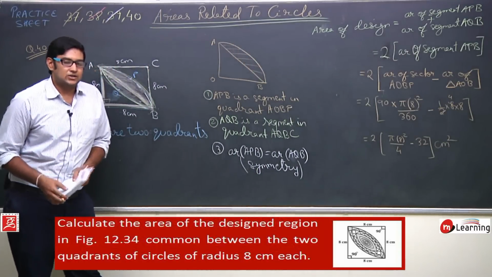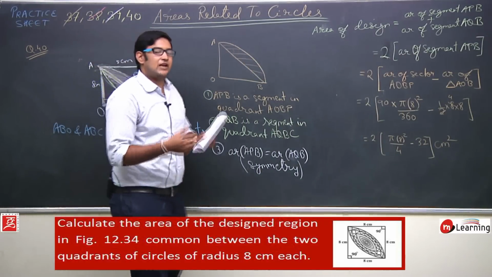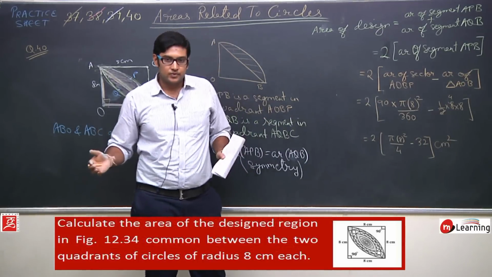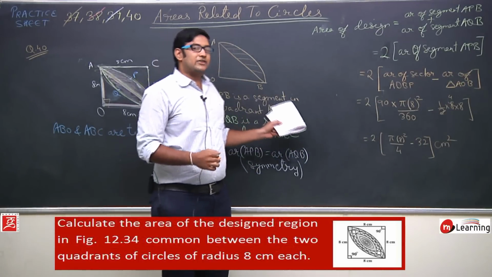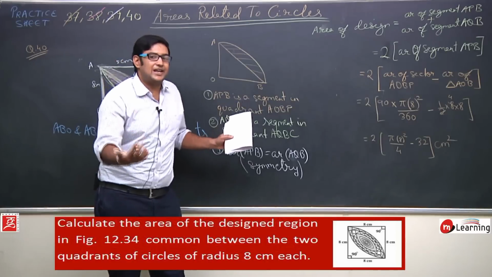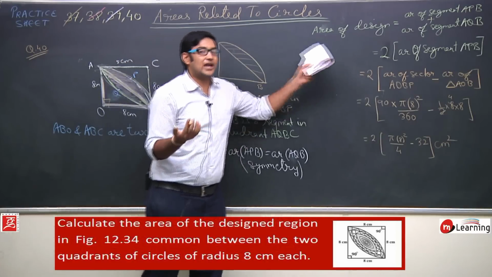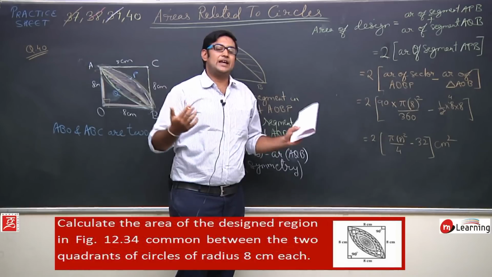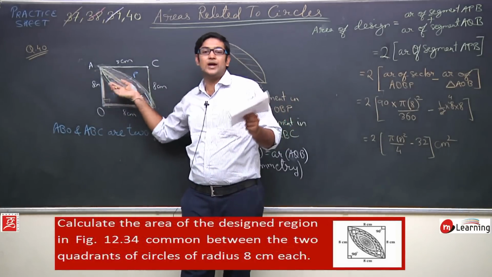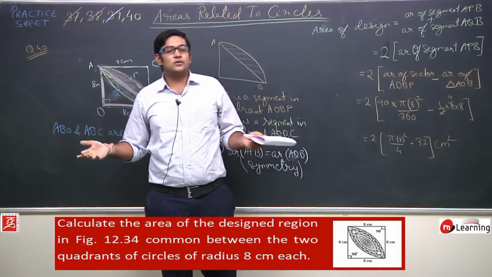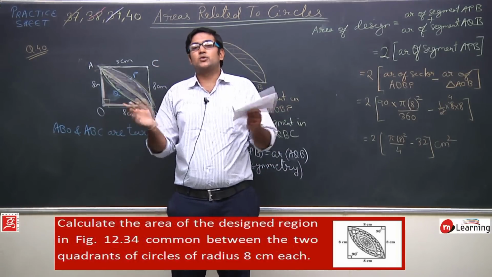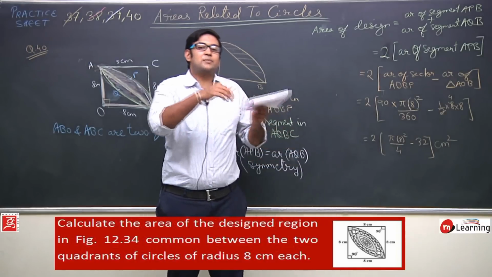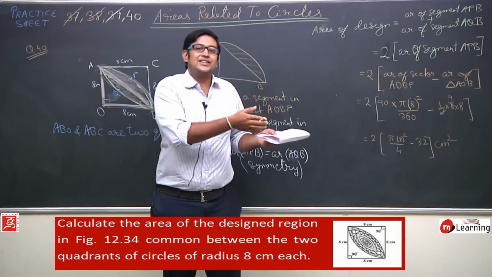So try to understand the concept. In question number 29, we have used a very lengthy approach. That approach is very long. So what I have done is, I have increased the thinking level, but I have reduced the calculation. In that case, we have to determine many areas. First the area of region 2 and 3, then subtract this area from the square to get the area of region 1, then calculate the area of the next quadrant and subtract the area of region 1 to get the area of region 2.